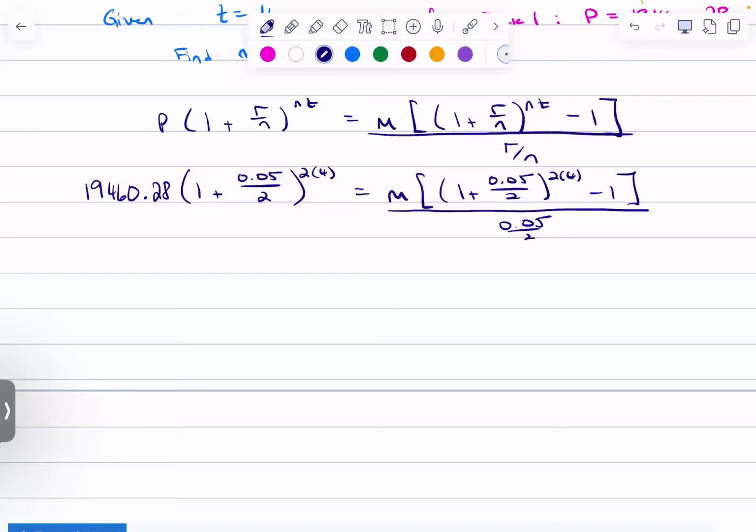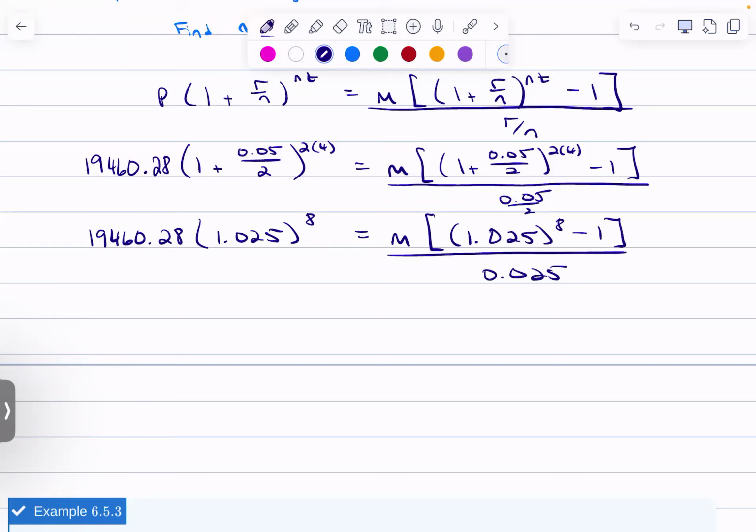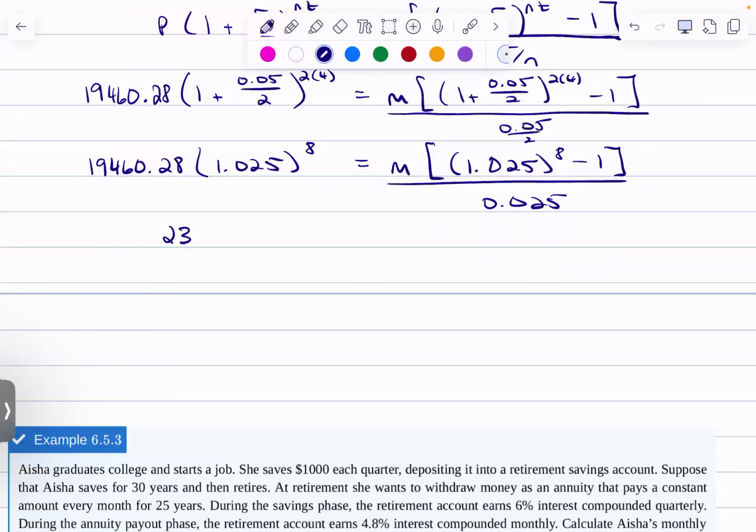0.05 divided by 2, I'll do plus 1. 19,460.28 times 1.025 to the power of 8 is M times 1.025 to the power of 8 minus 1 divided by 0.025. 1.025 to the power of 8, and I'm just going to multiply by 19,460.28 right away on this side here. 23710.46154.